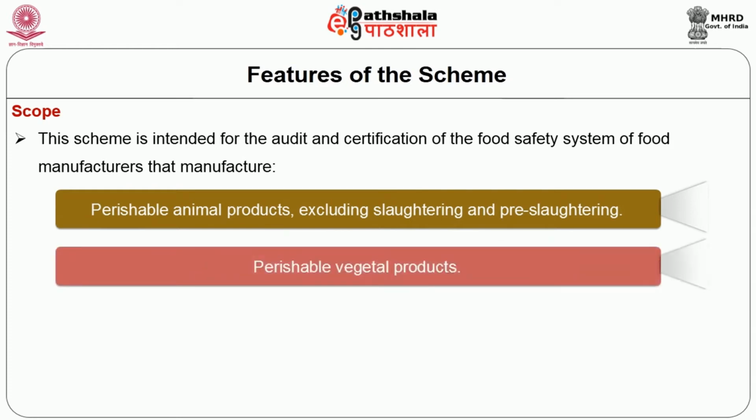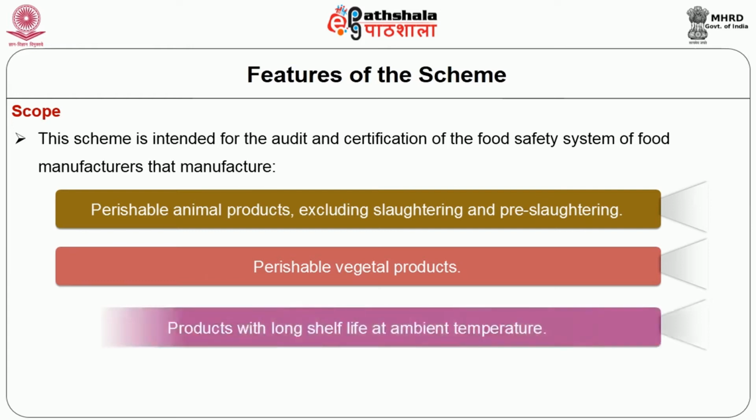Number 2, perishable vegetable products, which includes packed fresh fruits and fruit juices, preserved fruits, packed fresh vegetables and preserved vegetables. Number 3, products with long shelf life at ambient temperature, that is canned products, biscuits, snacks, oil, drinking water, beverages, pasta, flour, sugar and salt.